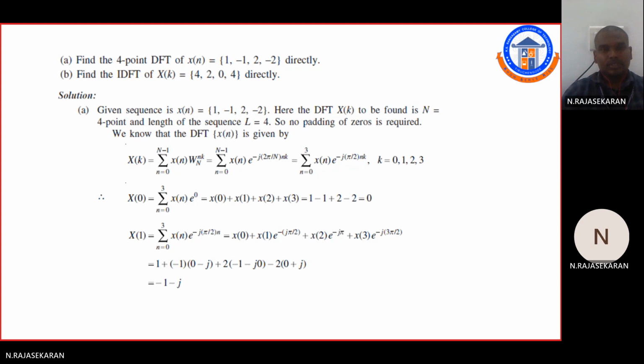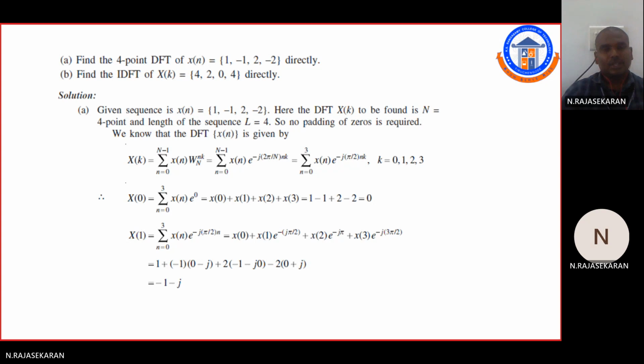So the given sequence x of n is 1, comma, minus 1, comma, 2, comma, minus 2, where capital N is 4-point, and the length of the sequence L is also 4. So no padding of zeros is required.